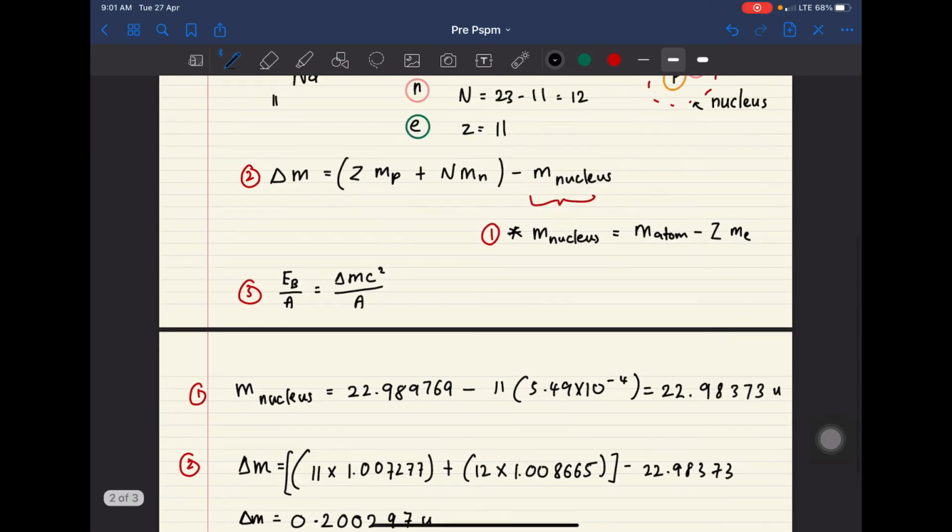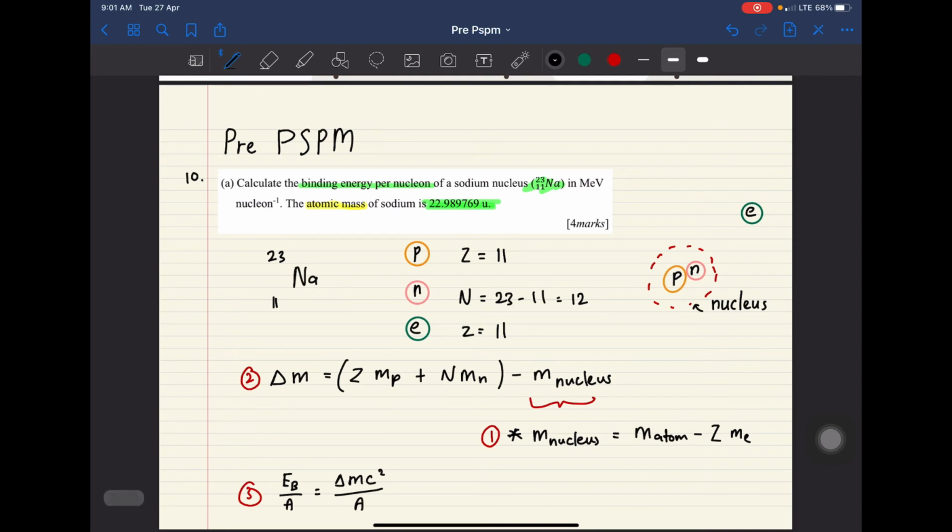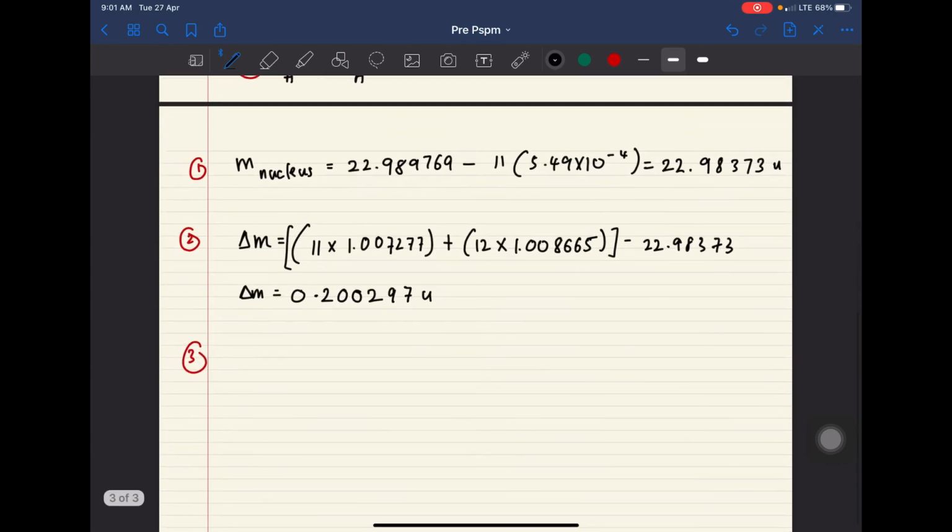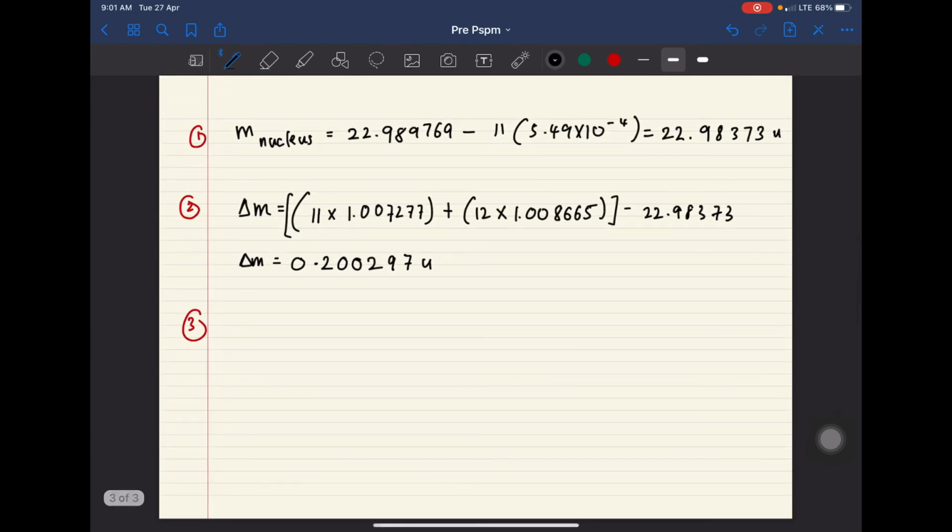In this question, they state the unit that they want, which is mega electron volts per nucleon. So you can use U, and use C squared equals 931.5, and then you get the answer in mega electron volts. So EB over A is delta M C squared over A. I rewrite the equation: 0.200297. If delta M is in U, you can use the value of C squared equals 931.5.